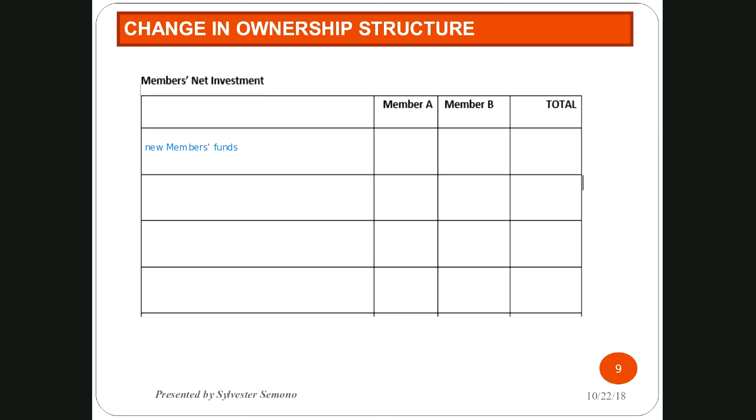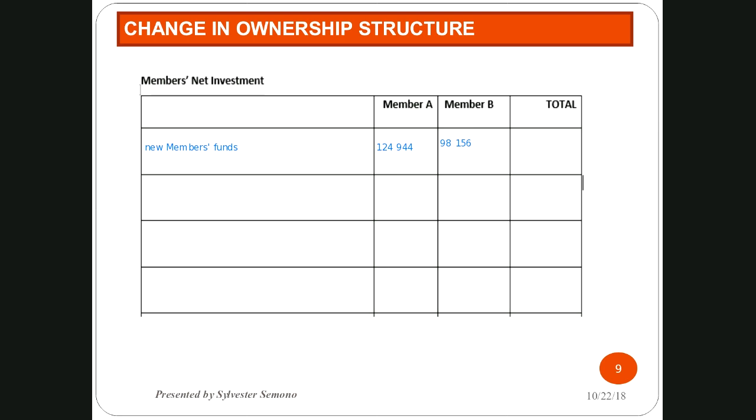And for B, how much was it? 98 something? 98,156. Okay, please add them together for me. I must put them under the total. This is called members net investment. How much are they worth now?